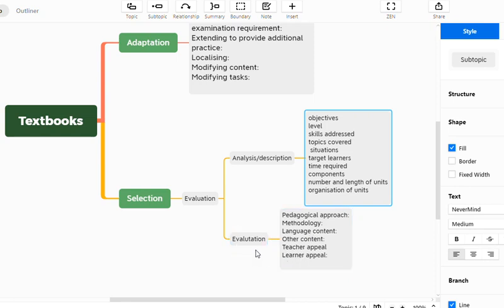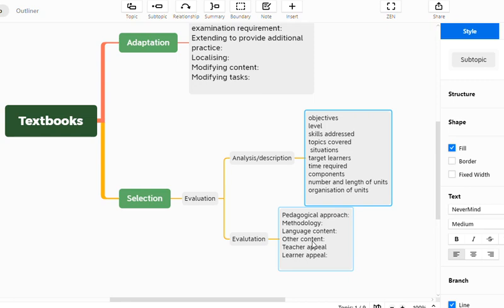So in the evaluation stage of material selection, you assess the effects of textbooks or materials on the learners and teacher. Teacher appeal, learner appeal, it means: does the textbook meet the teacher's needs, the students' needs?